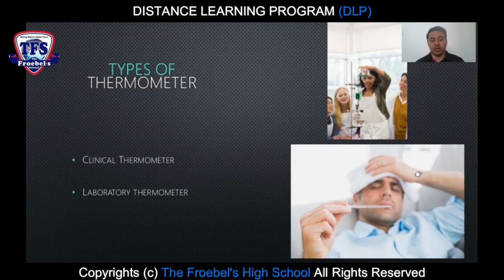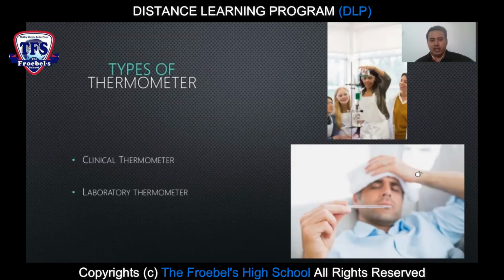Its boiling point is an advantage, but its freezing point is a disadvantage, that is minus 39 degrees. It expands quickly, but its value is fairly low. But as per my observation, mercury's advantages are far greater than its disadvantages. That's why mercury is a very good choice for usage.